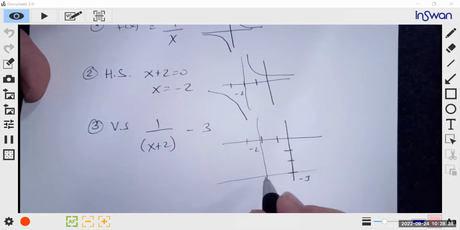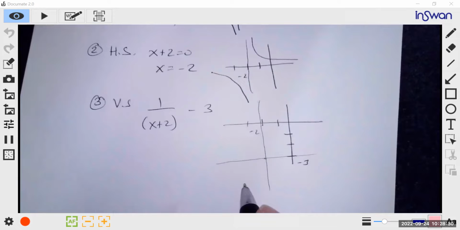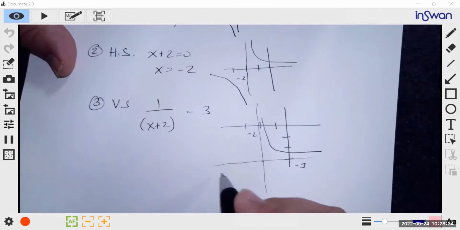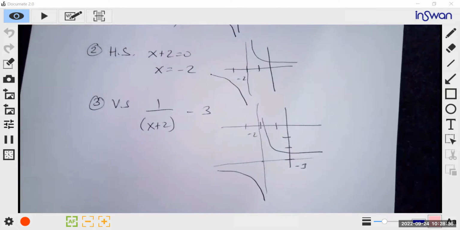So here's our new origin. The graph looks the same. Does it make sense? If we do it in pieces, you shouldn't get messed up.